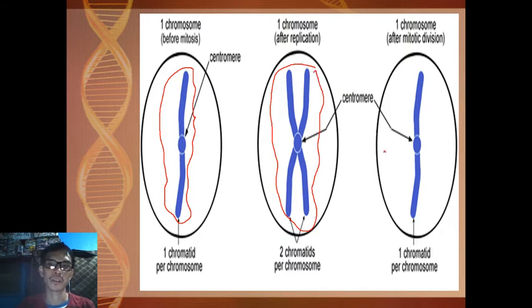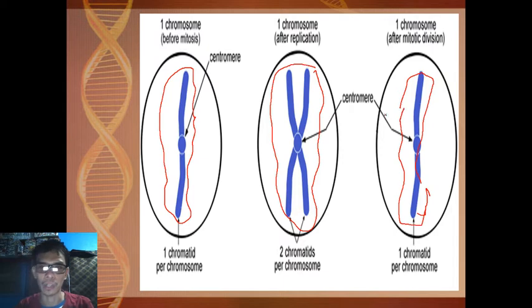After mitosis, the cell divides, and the two chromatids become one chromatid again. So there you go, right here. This happened because of mitosis.